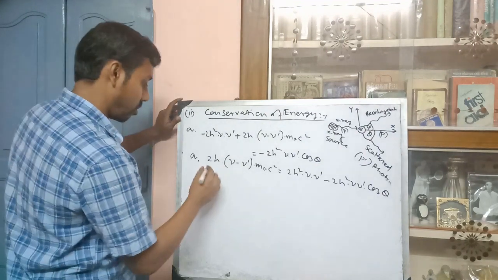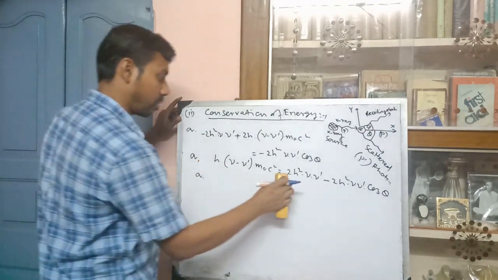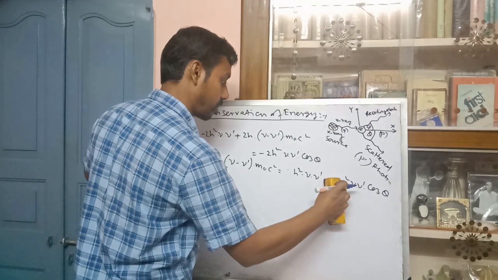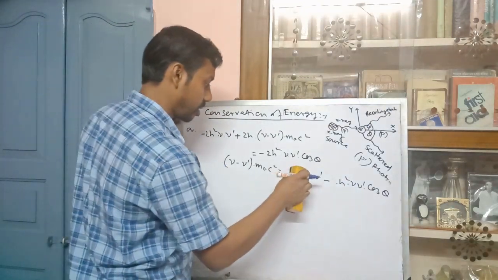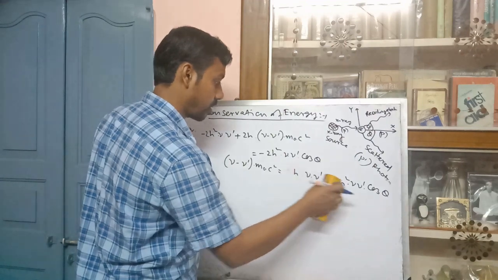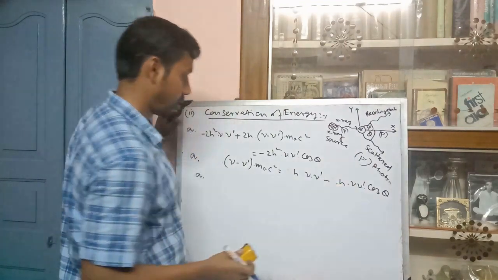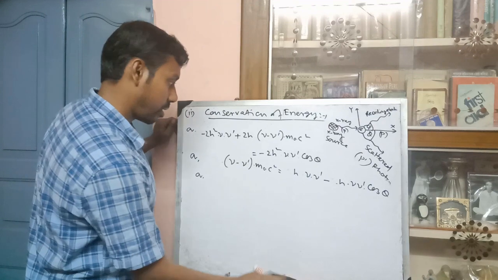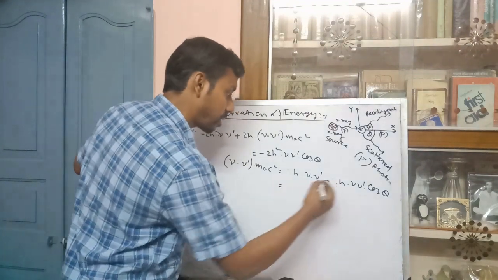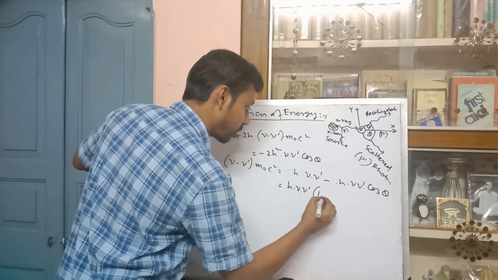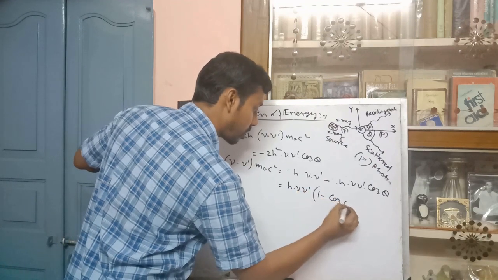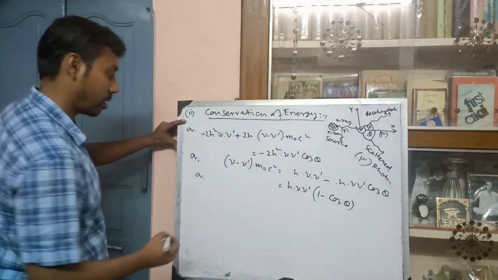Look, this 2 cuts out on both sides of the equation, and the h also cuts out. So if you take out h into nu into nu dash, that gives you 1 minus cos theta.